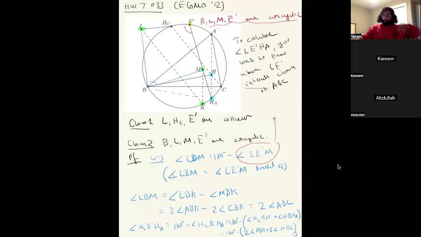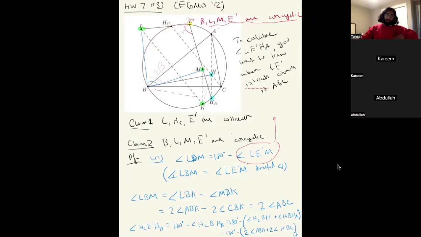Because LBM is a known angle, since you know that this angle is twice beta, you want to show that this is 180 minus twice beta. You can calculate exactly what you need these arcs to be, so this point is some kind of known point.